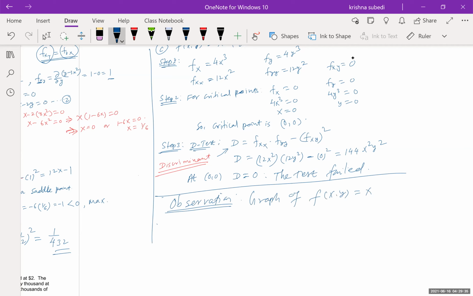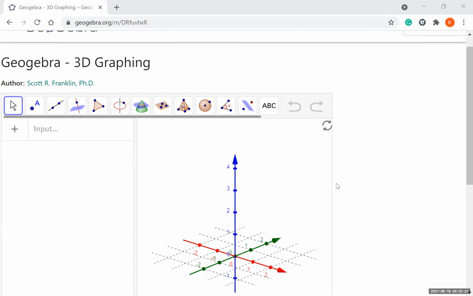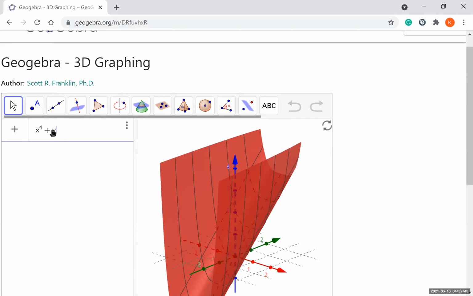Let's see what kind of graph we get. Because our D-test was inconclusive, we want to look at the function graphically. Let me type in the function here. Our function was x raised to power 4 plus y raised to power 4.